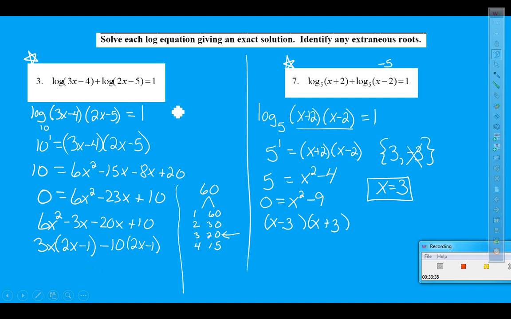So I now have 2x minus 1 times 3x minus 10. So looking at this, my x values are going to be 1/2 and positive 10/3.